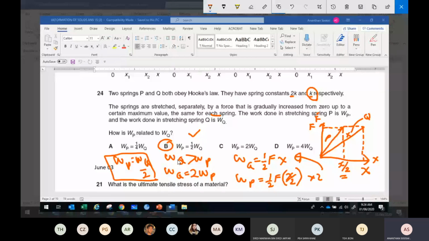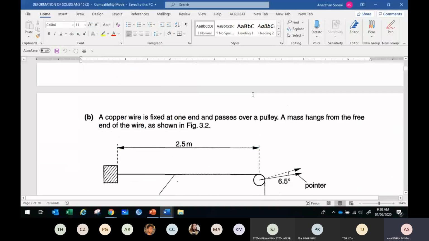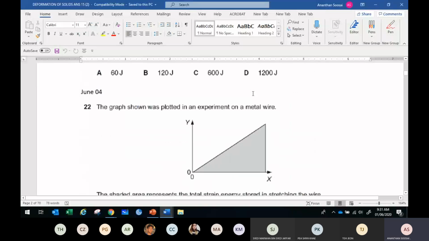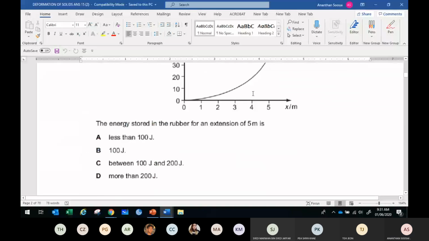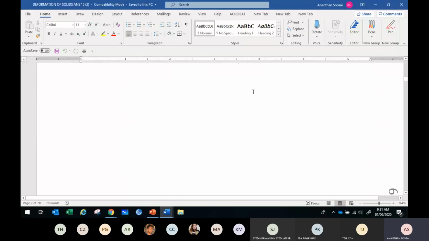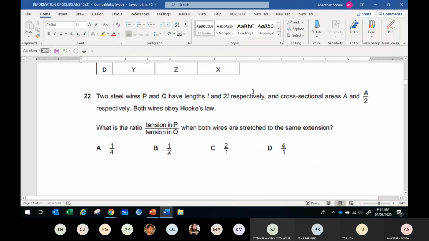Okay, let's go to another challenging one. Now it's going to be all challenging ones. Okay, next. The question I'm going to show you is one that your seniors found difficult. This one, question 22.